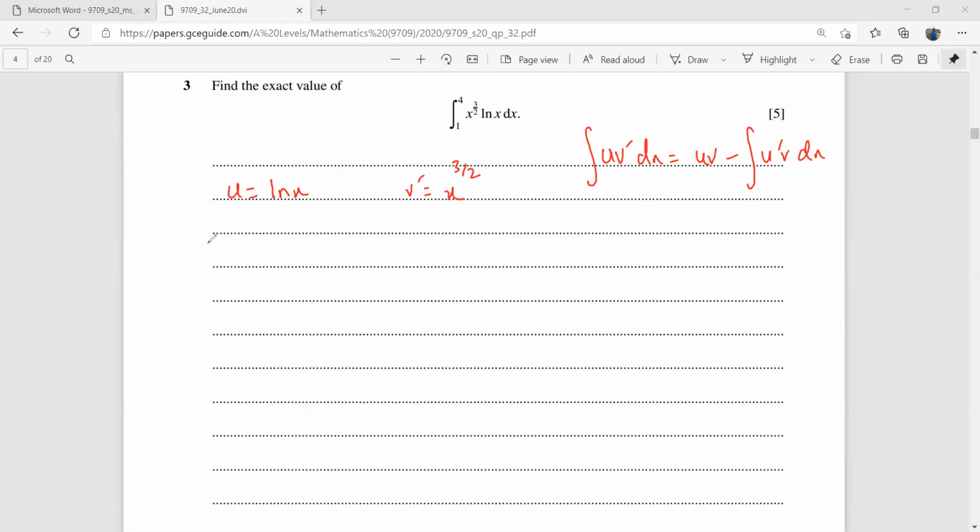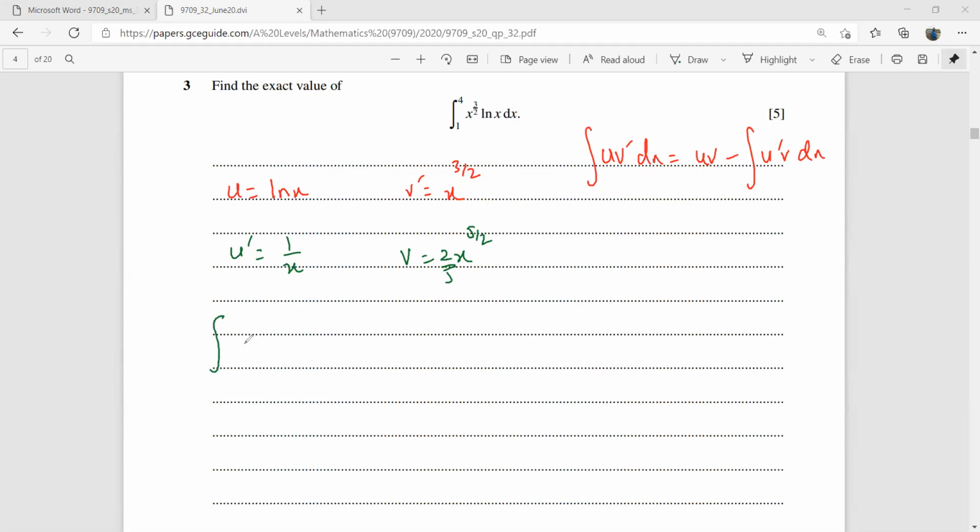Now this u dash will be 1 over x, and this v would be x raised to power 3 over 2 plus 1, that is going to be 5 by 2, and over 5 by 2 will give us 2 by 5. Okay, so now let's use them and try to find this.